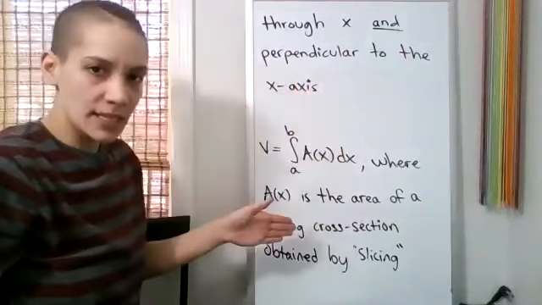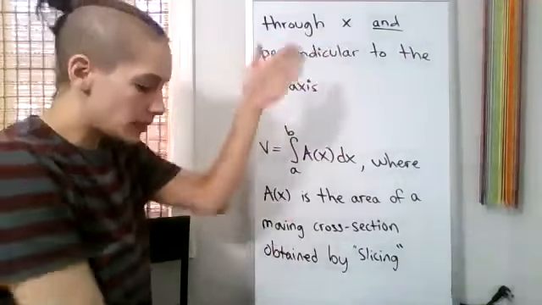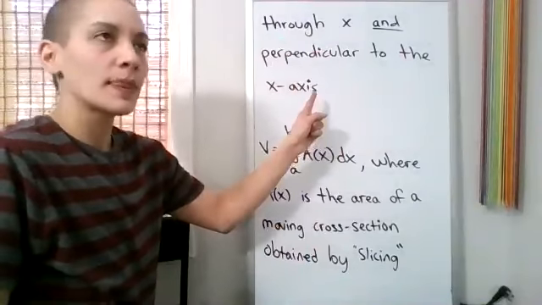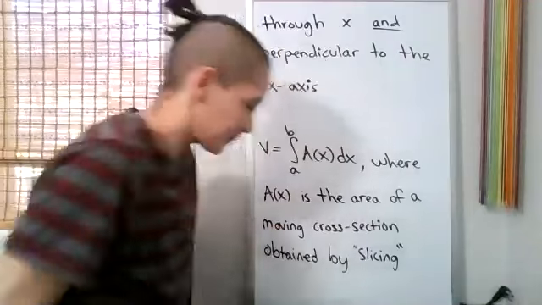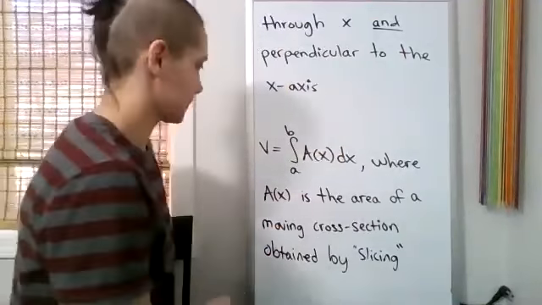So the area of a slice at any little point, like any value of x, and again, perpendicular to the x-axis. First, we focus on discs.